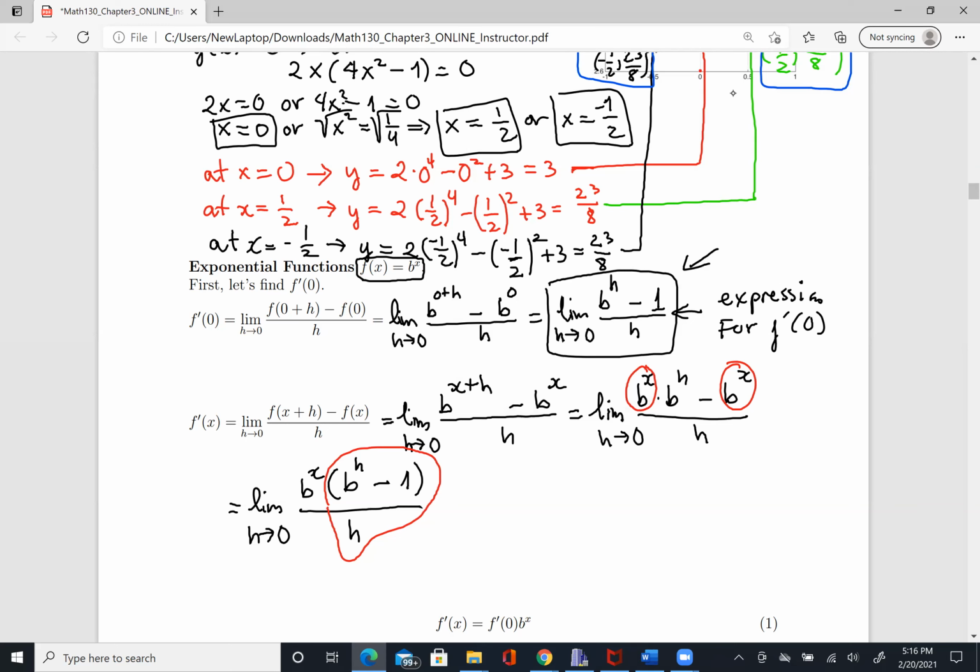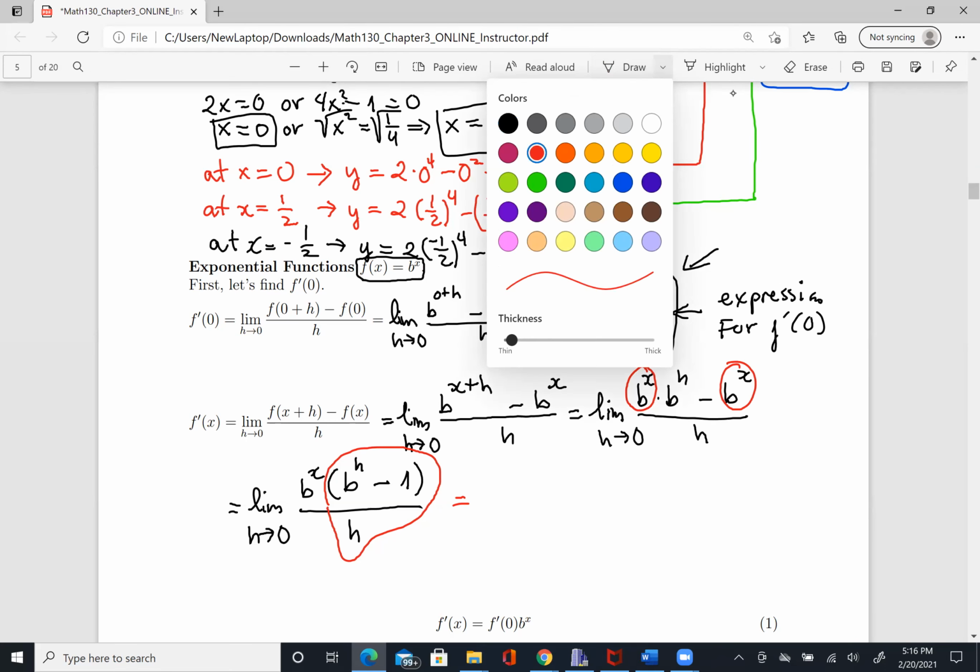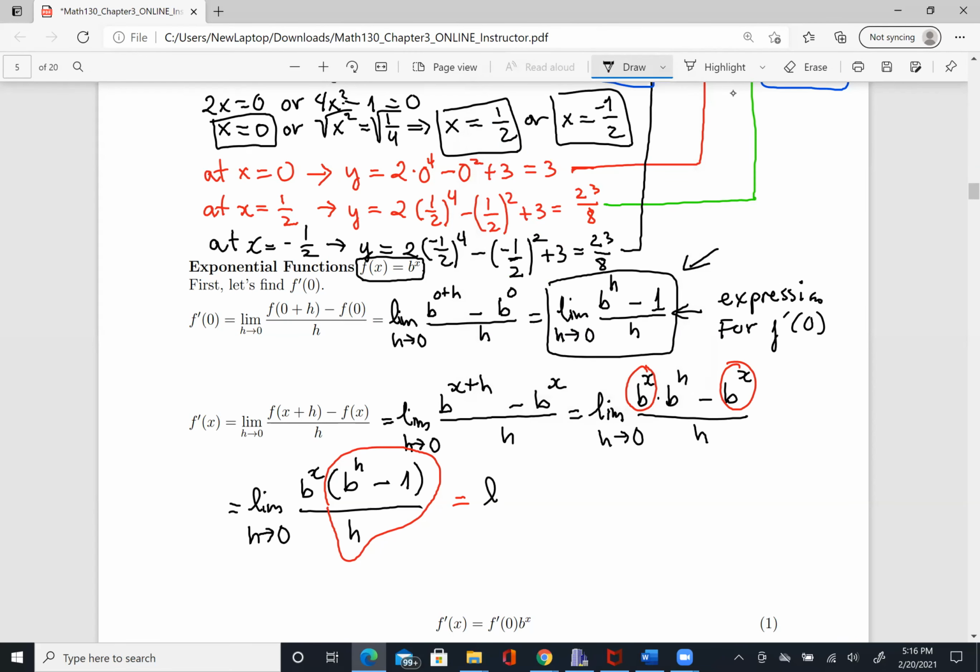So I actually can rewrite this as the limit of h going to 0. Oh no, sorry.